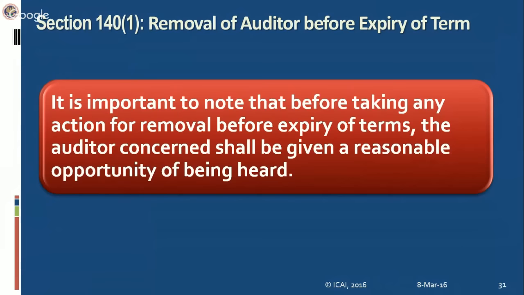It means that whenever you are going to do any injustice, you are going to do something which may not suit anybody, which may not be according to his choice, which he may not have expected, in other words. So remember the principles of natural justice.